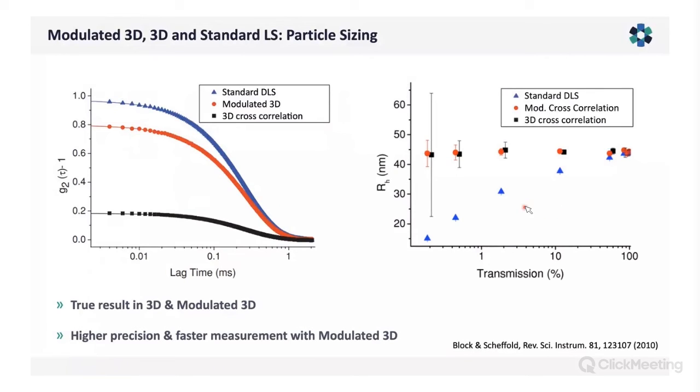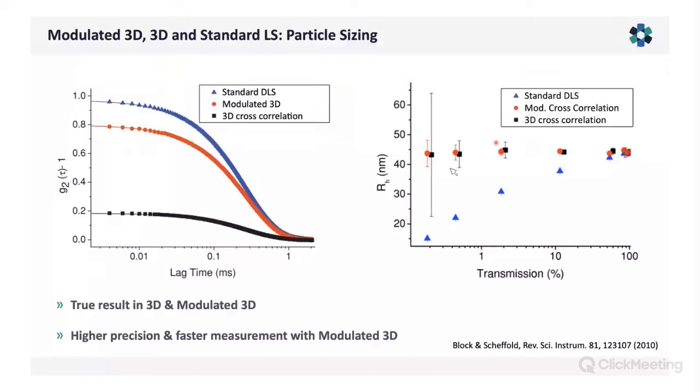We start on the right-hand side with a sample that is very dilute and has a very high transmission. Then we increase the concentration of the particles. These are 100 nanometer polystyrene particles, if I'm not mistaken. You see that the standard DLS particle size decreases and will be wrong by a factor of 3, whereas the 3D cross-correlation and the modulated 3D cross-correlation remain constant at about 45 nanometer radius.